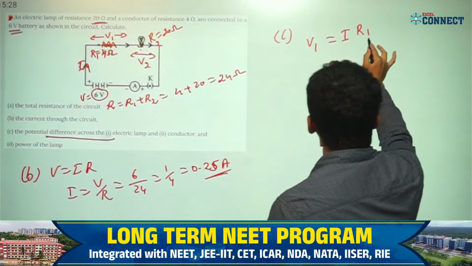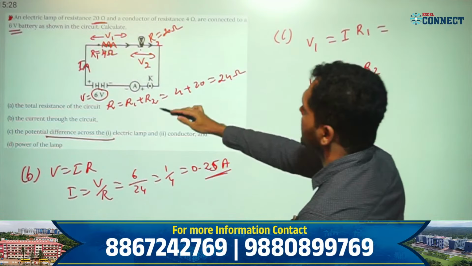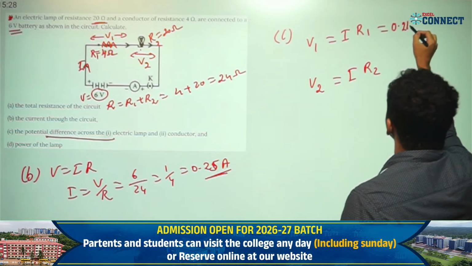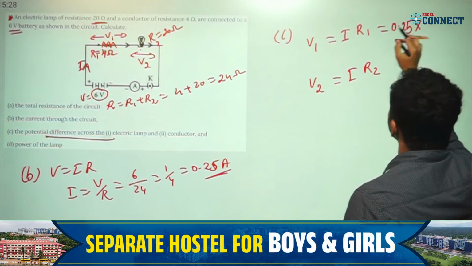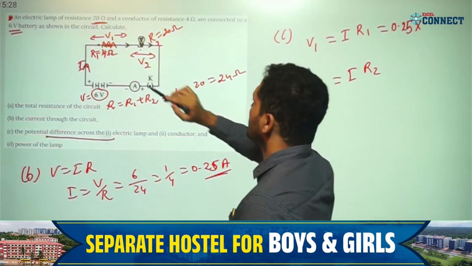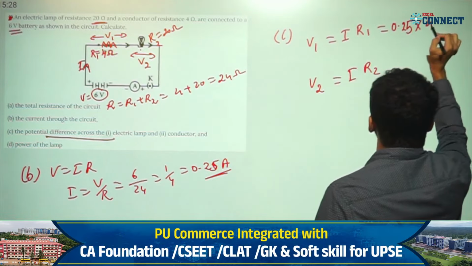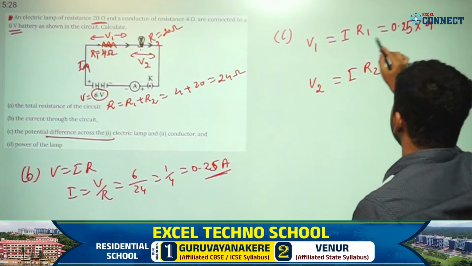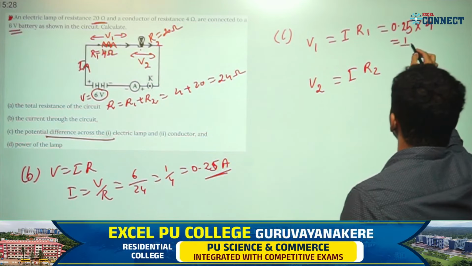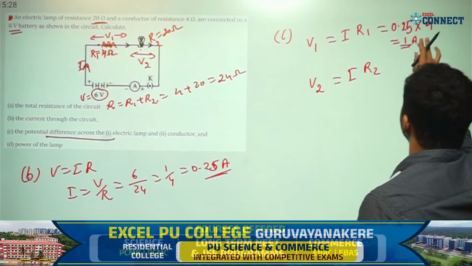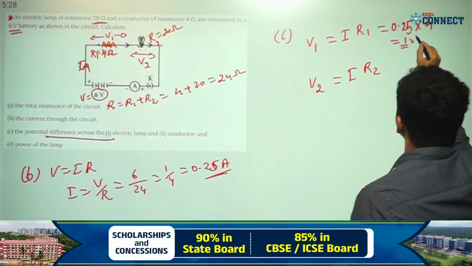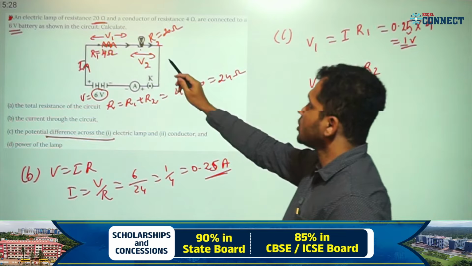Now substitute here. I is common, that is 0.25 into R1, which is 4. 0.25 into 4, that is 1, right? 1 ampere, sorry, 1 volt, it is the potential difference. 1 volt drop.